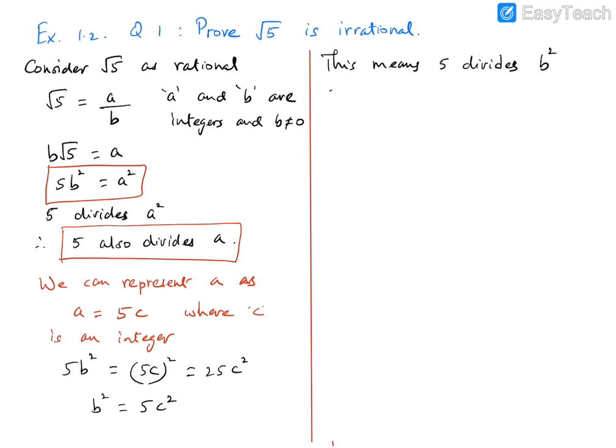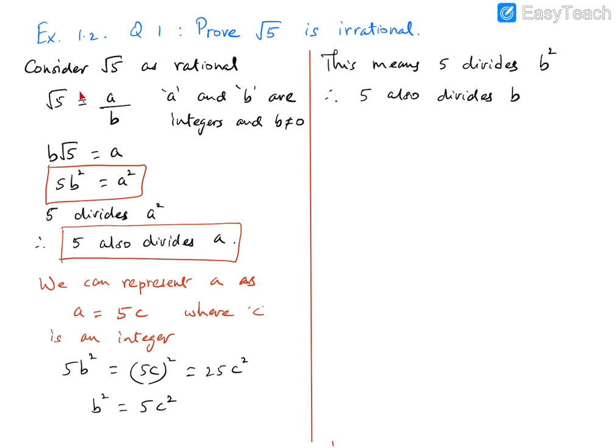Therefore from our theorem we know that 5 also divides b. So now we see that 5 divides a, that means a is divisible by 5, and 5 is dividing b as well, that means b is also divisible by 5. That means a and b have a common factor of 5.